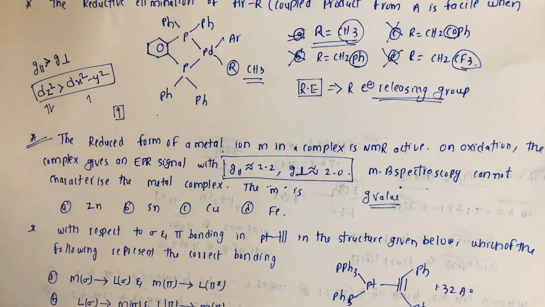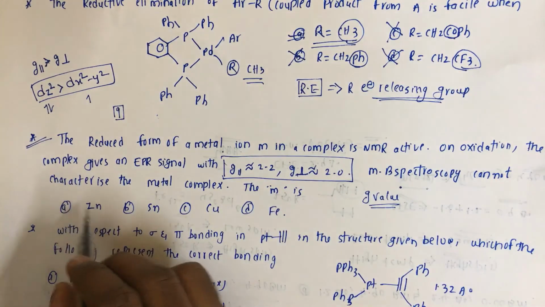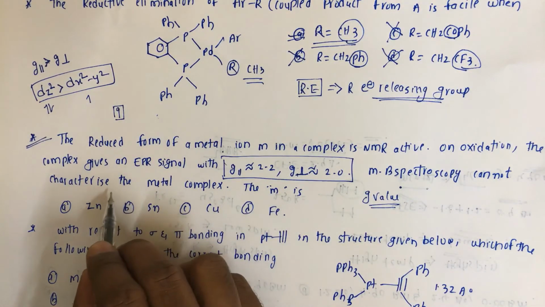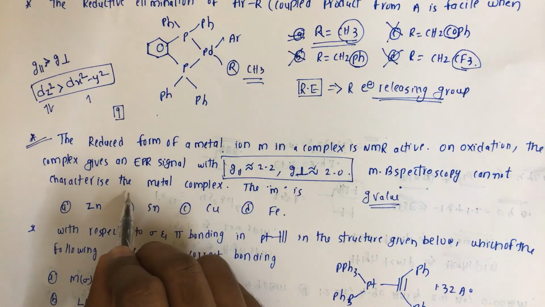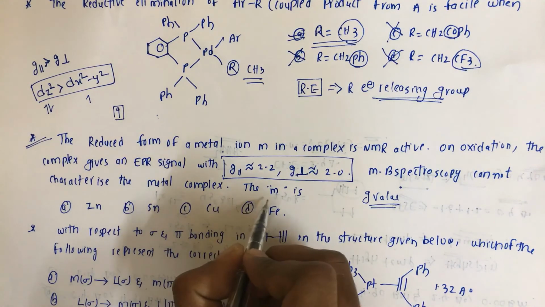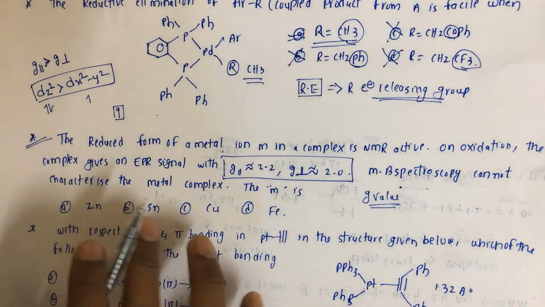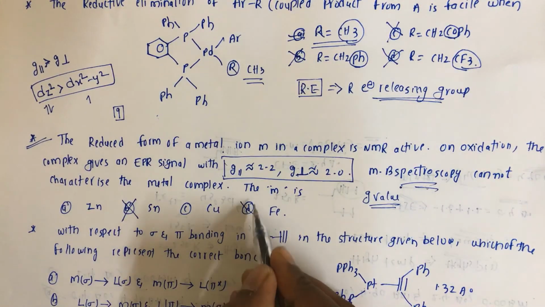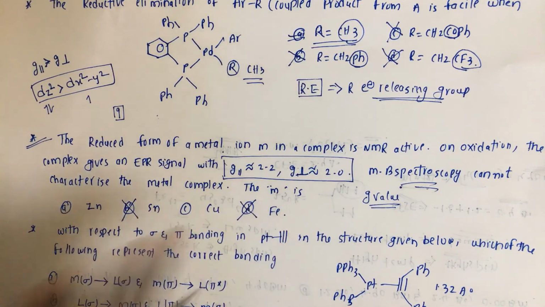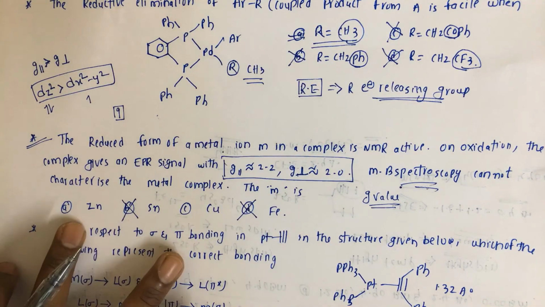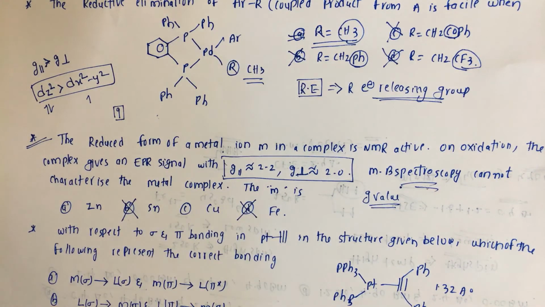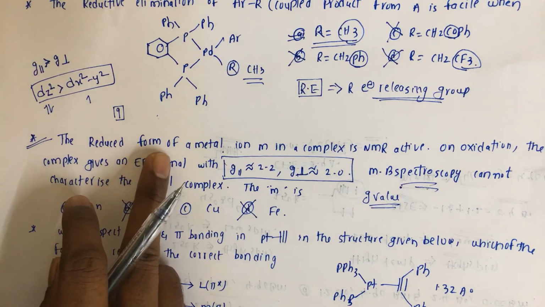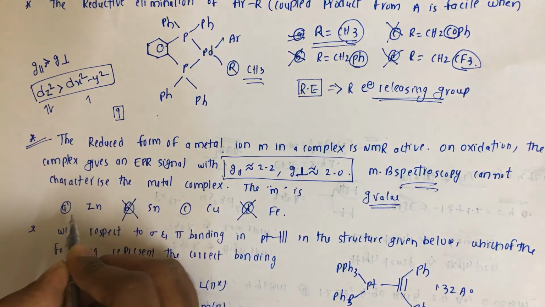Okay, so Mossbauer spectroscopy cannot characterize the metal atom here. So from this point we can remove tin, and we can remove iron also, because these two show Mossbauer spectra, and we have zinc and copper here. And here what they have said is that first you have to reduce it.